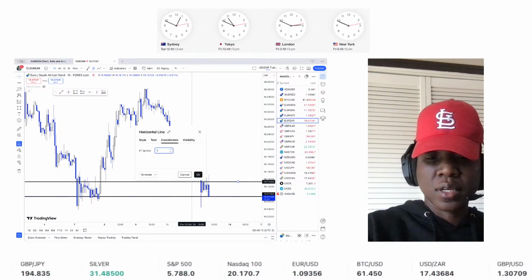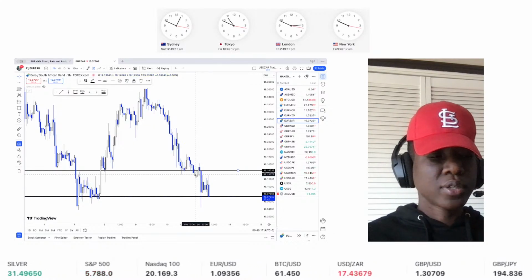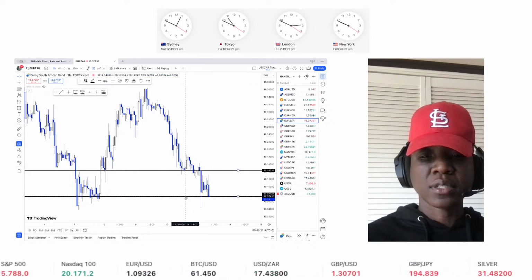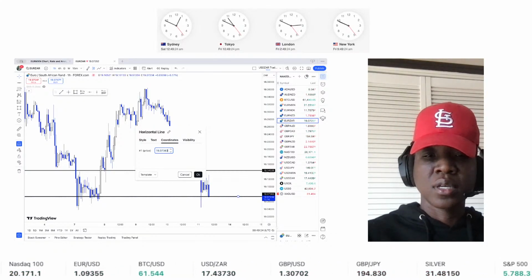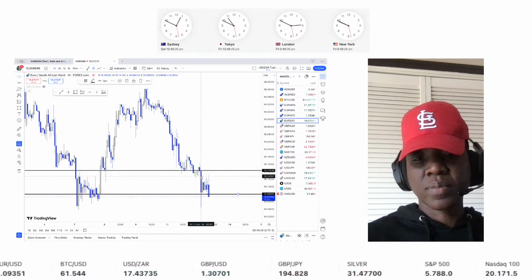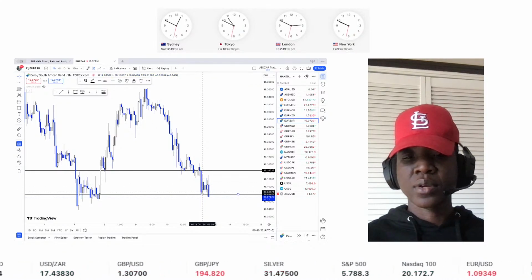So 1914.39, that was the entry, and then the exit, basically where it is now, 1908. So this was the exit. So it must have been around this time, or depending on the spread, it could have been 3 a.m.